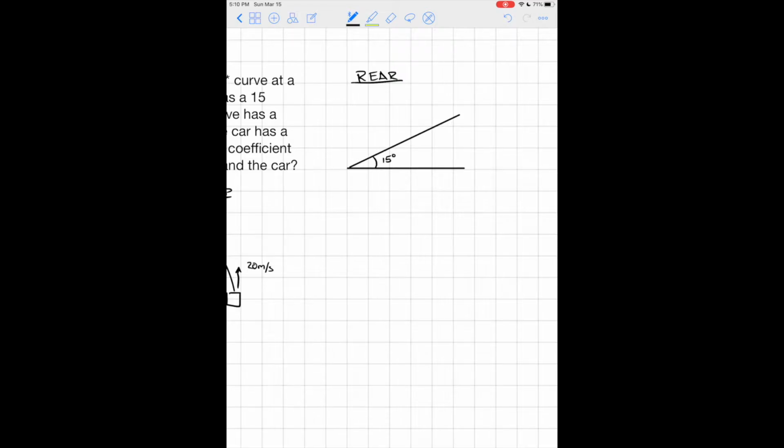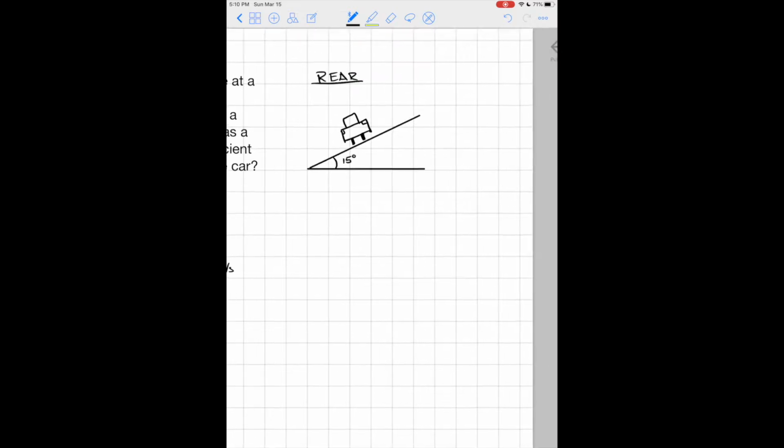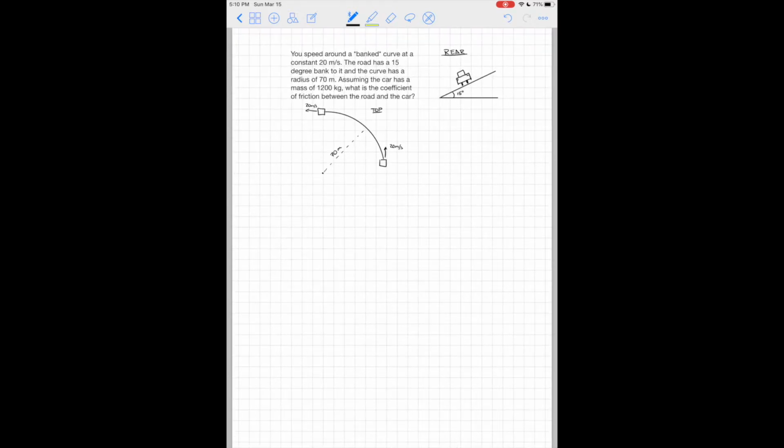It's hard to draw that correctly, so this is a stand-in for 15 degrees. We're going to draw our little skinny car here, brake lights, you can gussy it up as much as you want. But at the end of the day, we have this rear view as we're going through the curve. So we got a top view, we got a rear view.